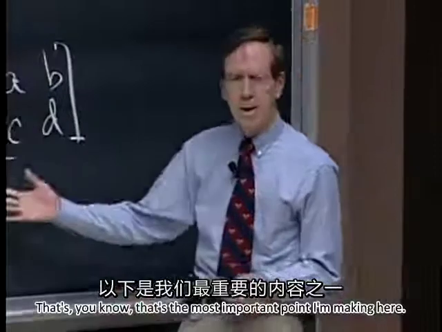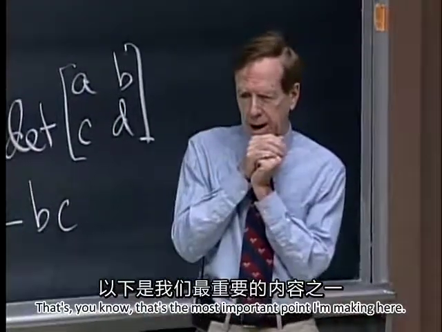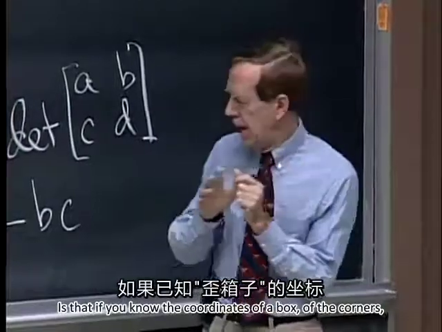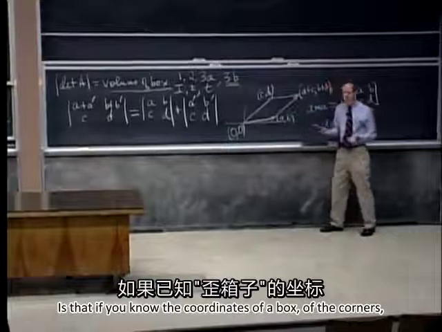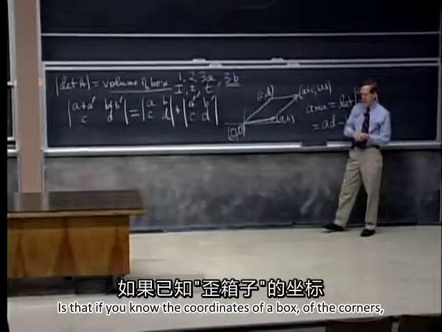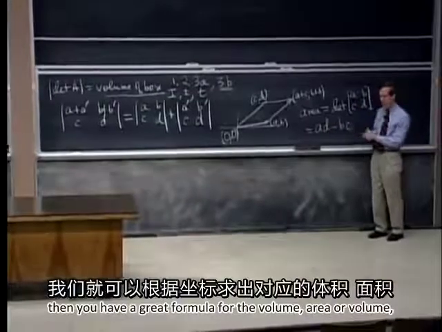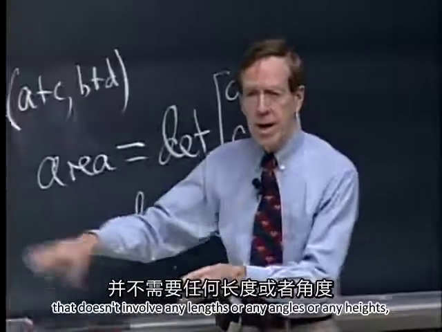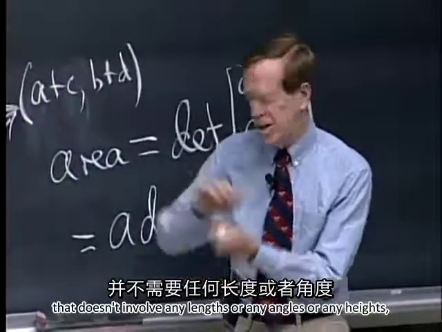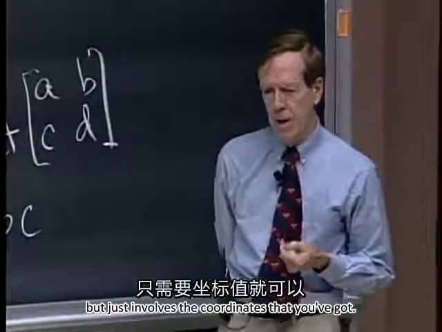That's the most important point I'm making here: if you know the coordinates of the corners of a box, then you have a great formula for the area or volume that doesn't involve any lengths or any angles or any heights, but just involves the coordinates that you've got.